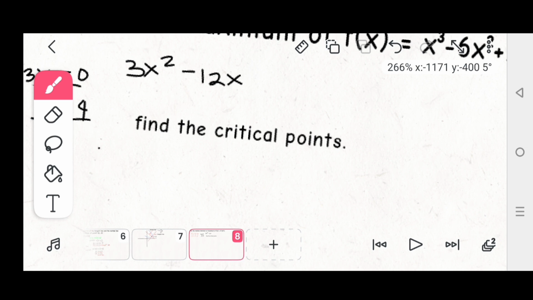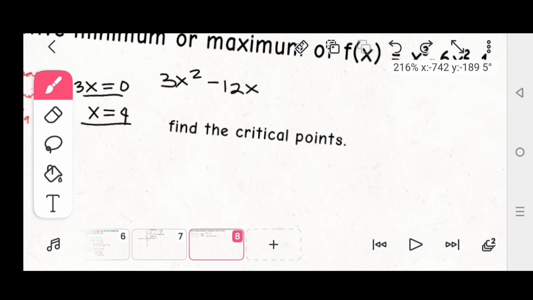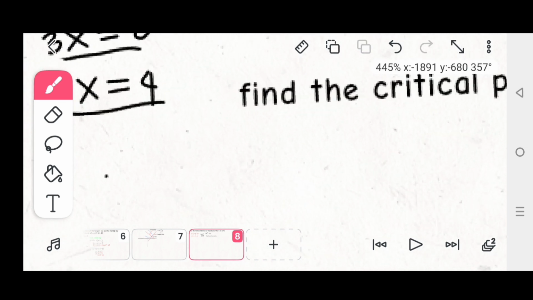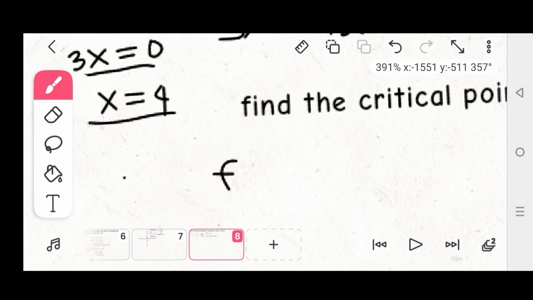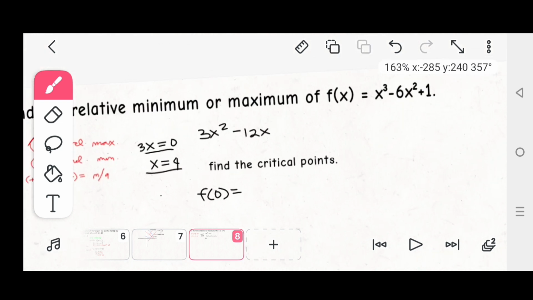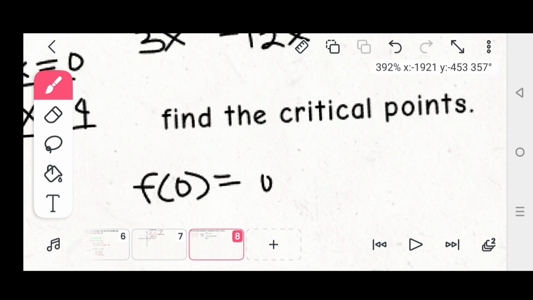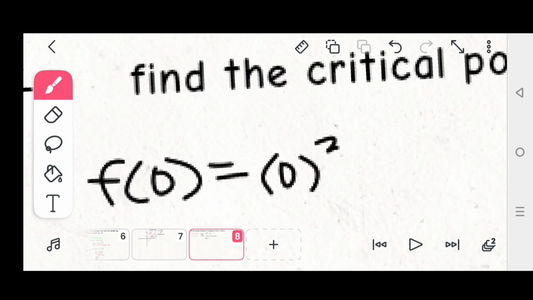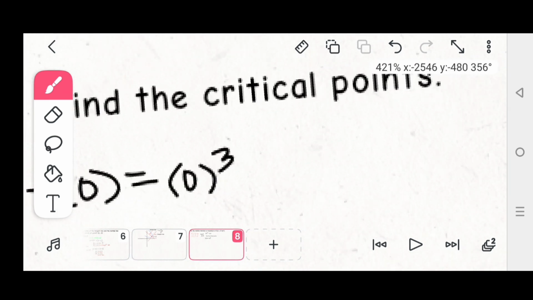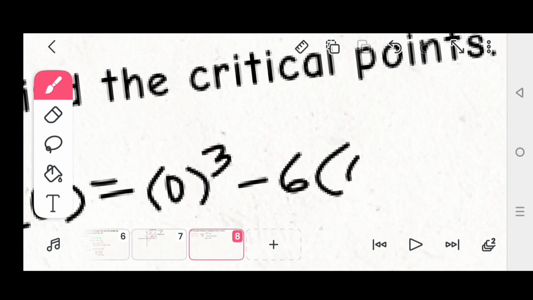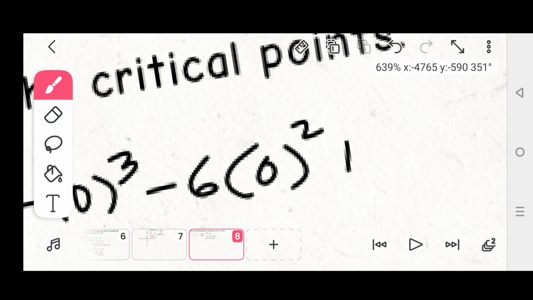After finding the critical values, we need to find the critical points, which are the x and y. So simply we substitute the critical value into the function. Just substitute 0: minus 6 times 0 raised to 2, plus 1.